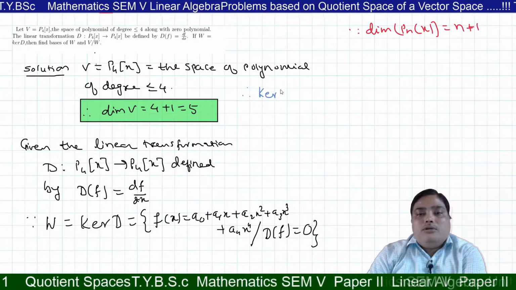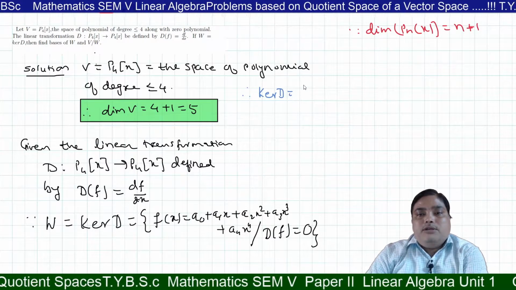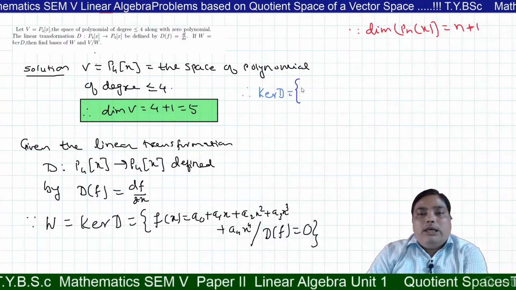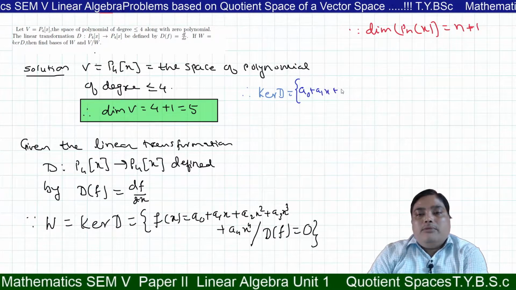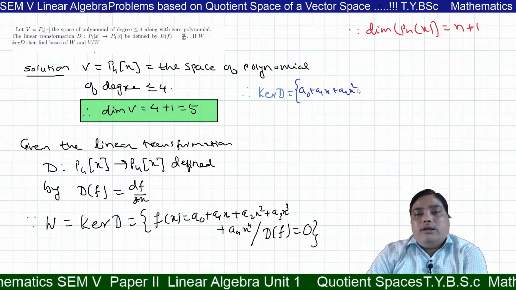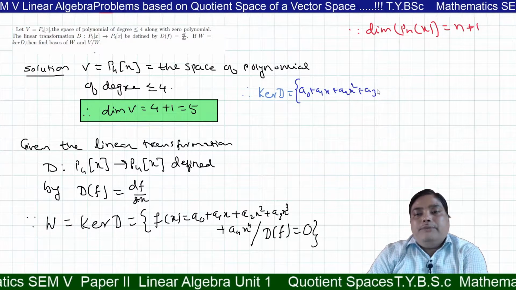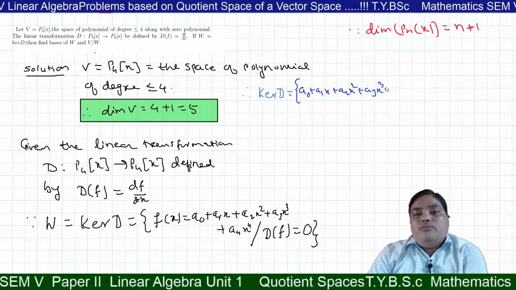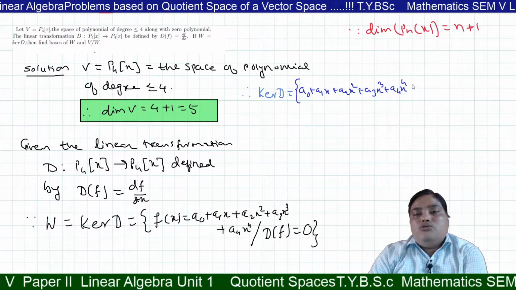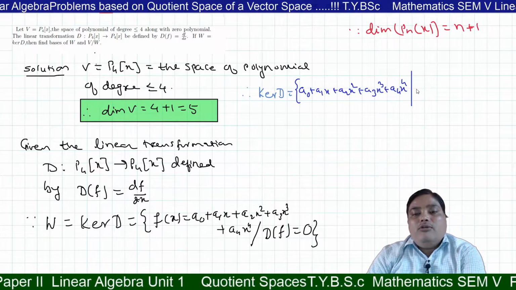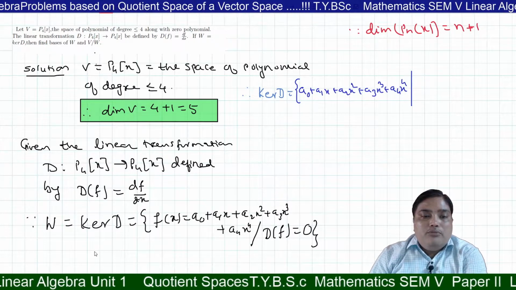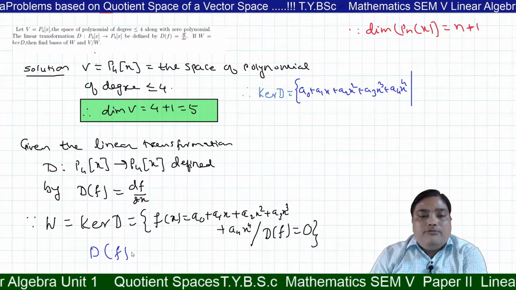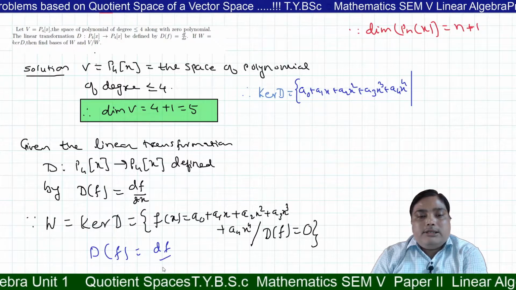Therefore the kernel of D is the set of a0 plus a1x plus a2x square plus a3x cube plus a4x to the 4, such that the derivative of f is zero. Here I am going to compute Df, which is df by dx.